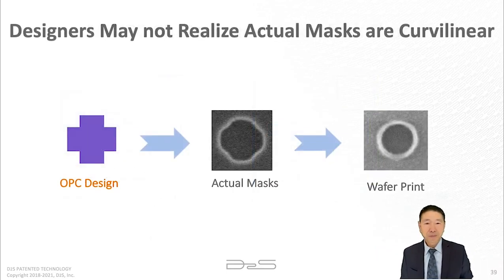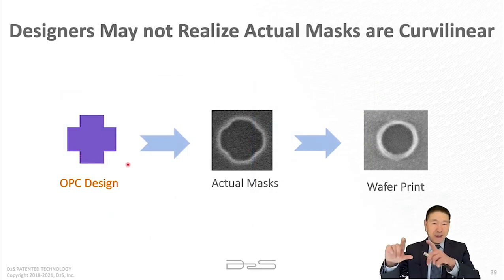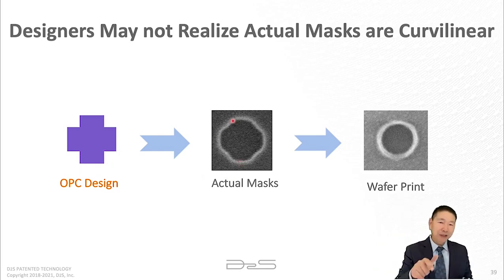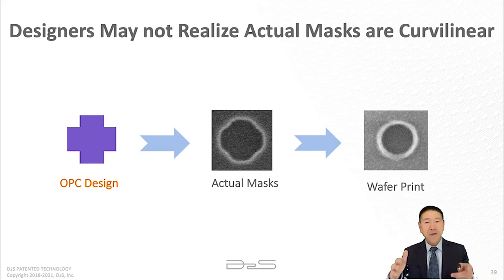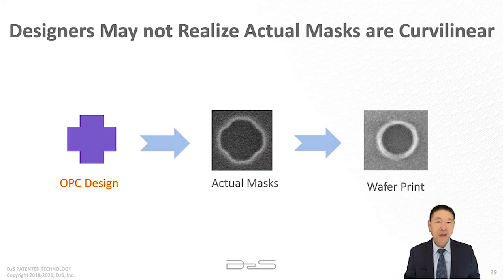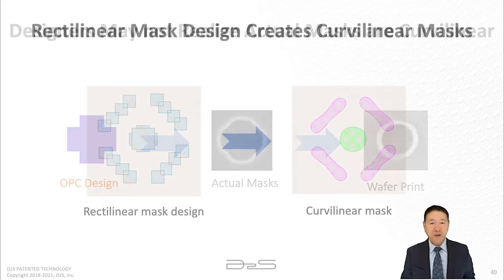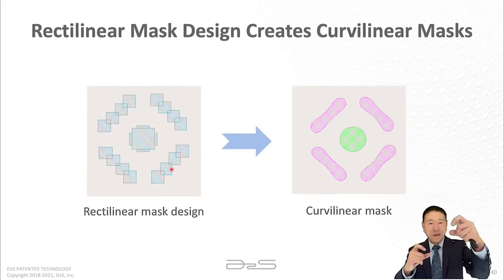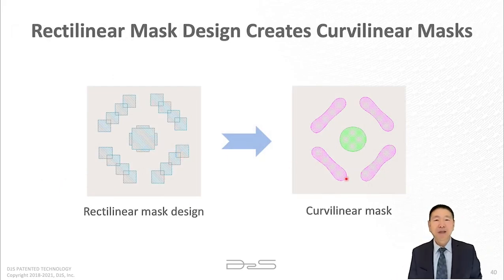Here, I'd like to correct people's wrong impression of masks. Although some of the OPC patterns are Manhattan, when you print them on a mask, those patterns tend to be curvilinear. That's because e-beam has some kind of blur effect, and resist does as well. So with those overlapping shots, when you look at the simulated mask pattern, they are actually curved.